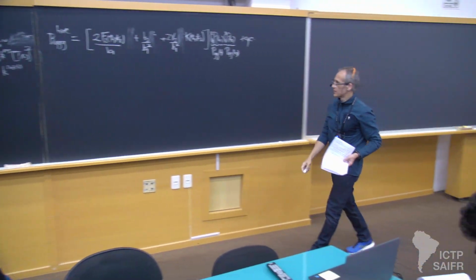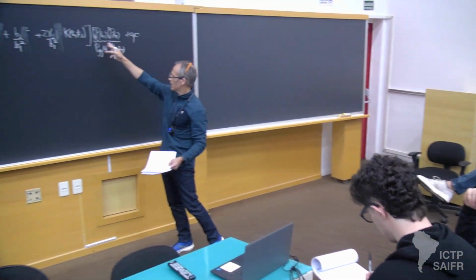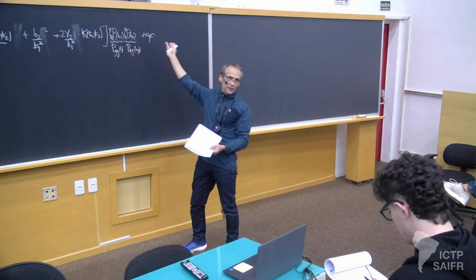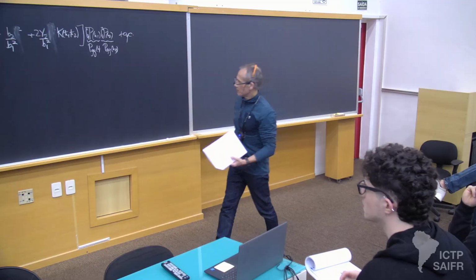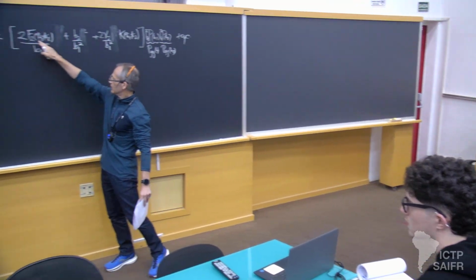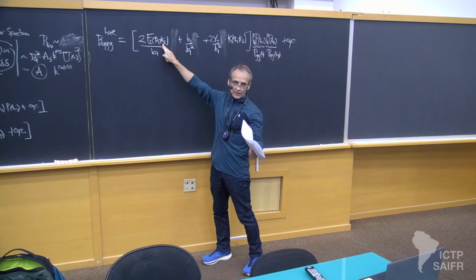Okay, and that's my result. Okay, so there are 3 terms like this, where you have k1 and k2, then k2 and k3, and then k3 and k1. Now remember, this depends on the angle between k1 and k2 through this kernel that we discussed, right?